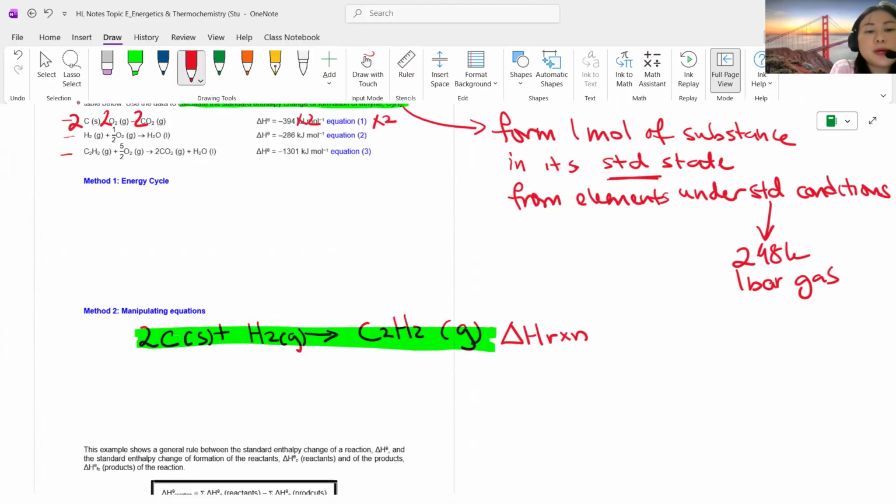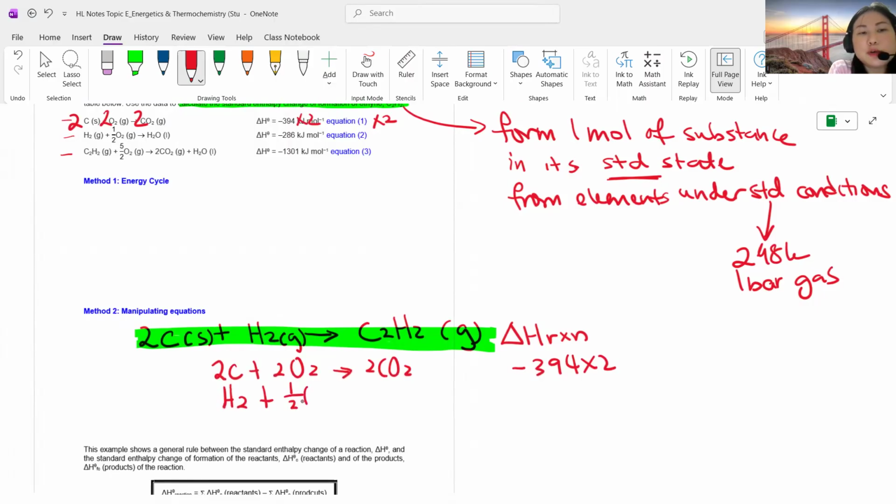So if I want to rewrite it, it will be 2C plus 2O2 give me 2CO2. Then it gives you minus 394 times 2. Okay? Now, then hydrogen, same side, same moles. Same side, same moles, just leave it. Don't need to change anything. But I will just copy it again because I want to show you the summing up of the equation later. But you do not need to copy.